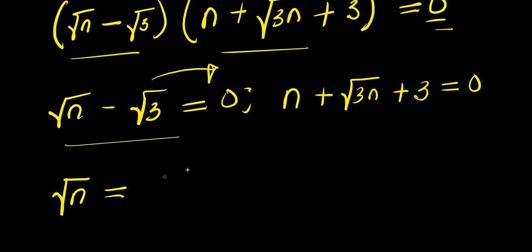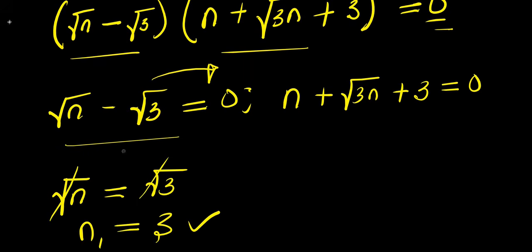We have square root of n equals square root of 3. This eliminates this, so n equals 3. That's my n1. Now for n2 and n3, I need to solve this equation.